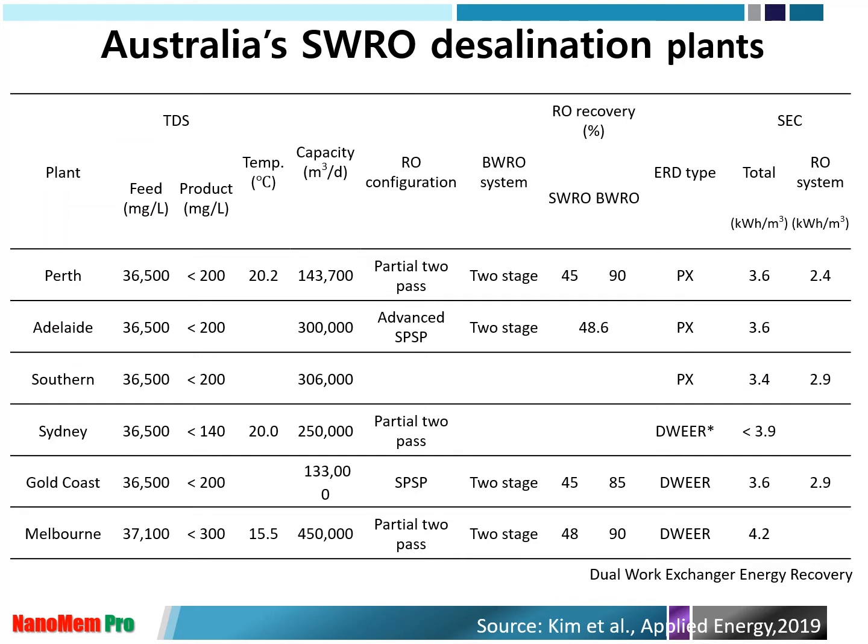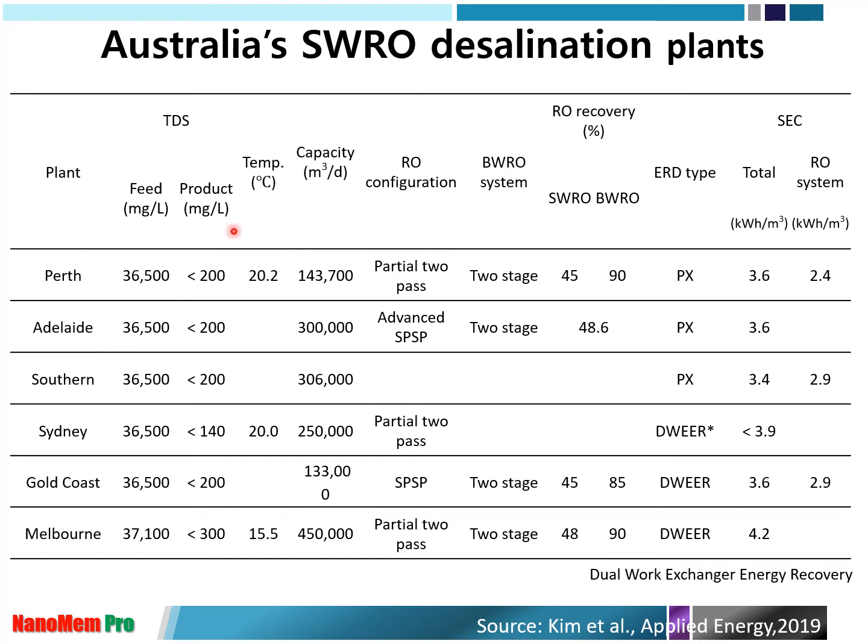If I summarize all 6 desalination plants, you can see how these plants differ. Most of the seawater quality in terms of total dissolved solids is very similar, 36,000 milligrams per liter.